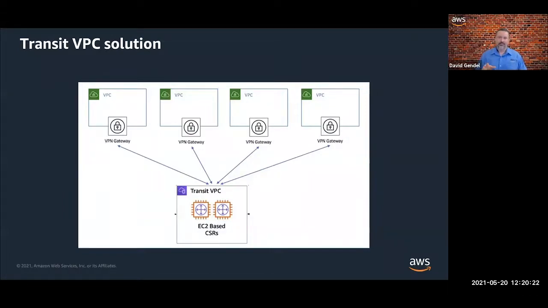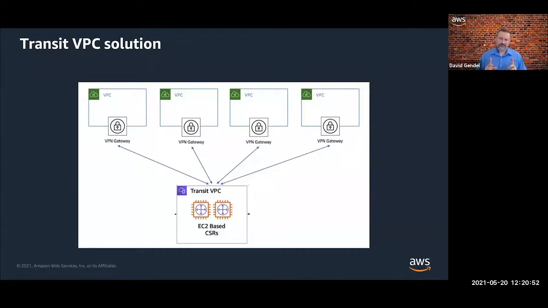However, the transit VPC solution will allow you to use third-party vendor software running on EC2 instances in your transit VPC, where you can leverage advanced security services, whether it's layer 7 firewall, IPS, IDS, packet inspection, etc. And if you're using these same solutions on premise, you may want to continue to leverage those solutions in the cloud. And this is where transit VPC comes along.